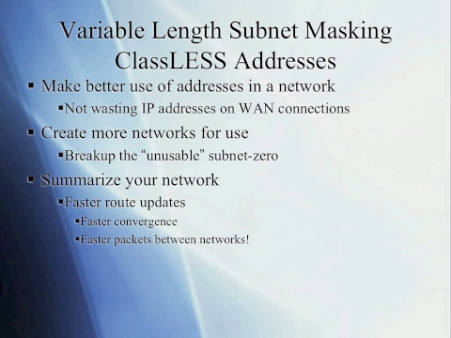Remember, because we start with 0, this is subnet 0. So we can't use the first, because the rule says no subnet 0, and we can't use this last one. So the last usable IP address in this subnetting scheme is going to be within this network.